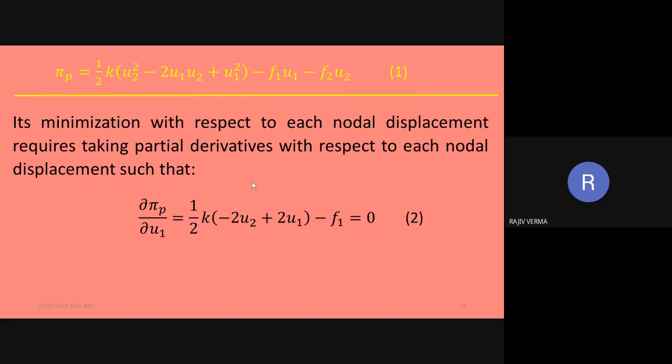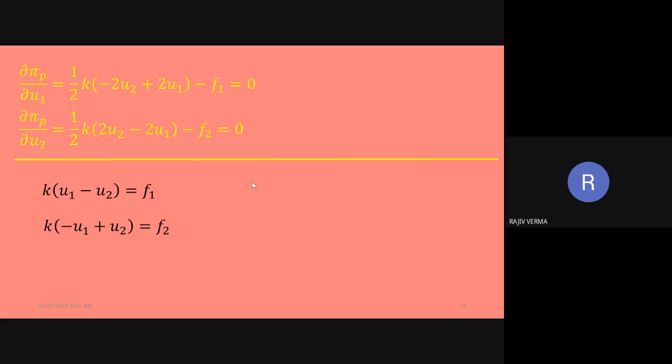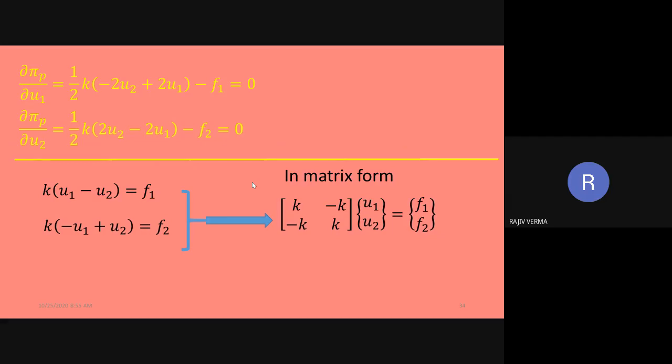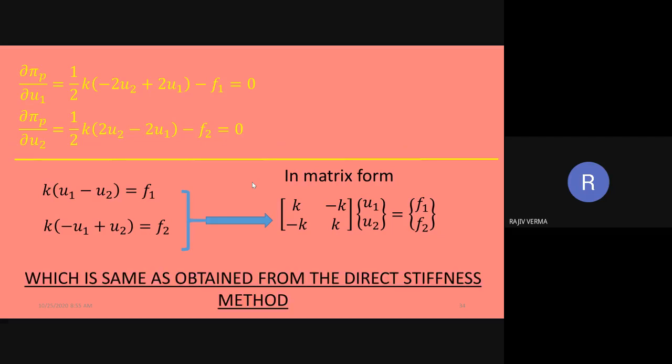So we differentiate it with respect to U1 first, which gives us equation number 2. Differentiating it with U2 gives us equation number 3. Cutting out some common parameters and keeping them in a matrix form gives us the same equations which were obtained using the direct stiffness method.